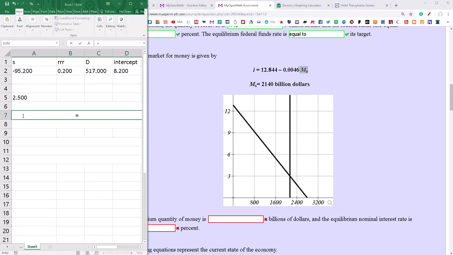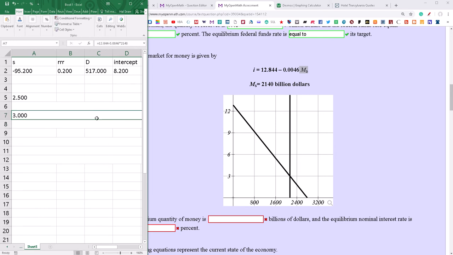So equal 12.844 minus 0.0046 times 2140. So we get a nominal interest rate of 1.758. Or sorry, that's not right. 2140.